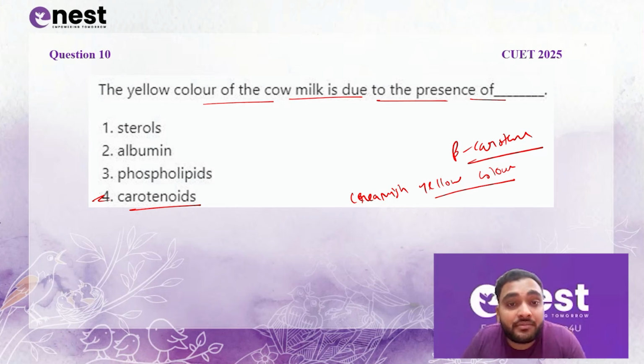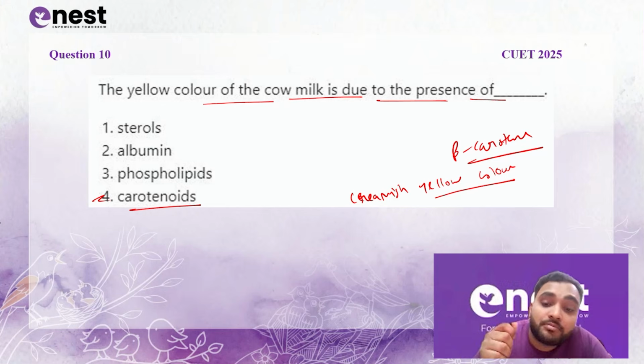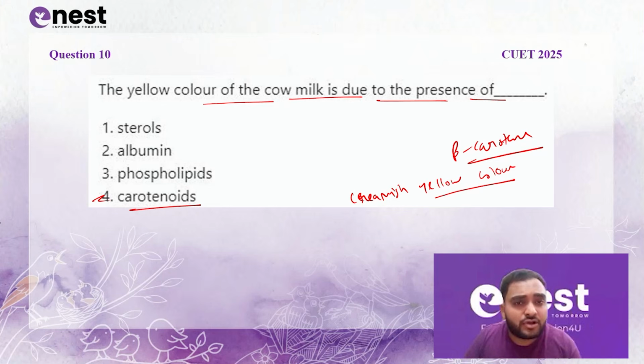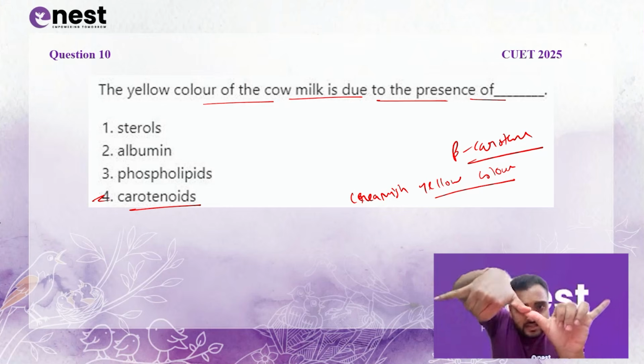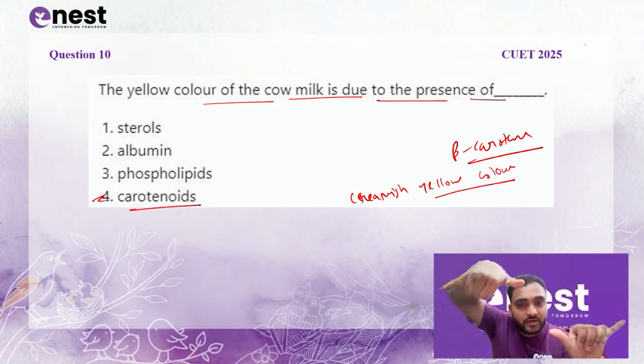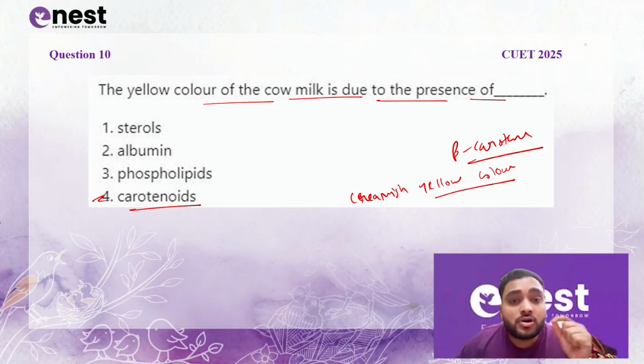So if on one hand you have cow milk and on the other hand you have buffalo milk, just by visual examination you can tell which is cow milk and which is buffalo milk. Buffalo milk is usually white because even though buffalo eats the same fodder, it converts the carotene into vitamin A. Now if you have seen the structure of carotene, you will find that it is almost like this, and when it breaks from the middle, it produces two molecules of vitamin A. So buffaloes convert the beta carotene into vitamin A. That is why the milk does not have the yellowish color, it has the whitish color.